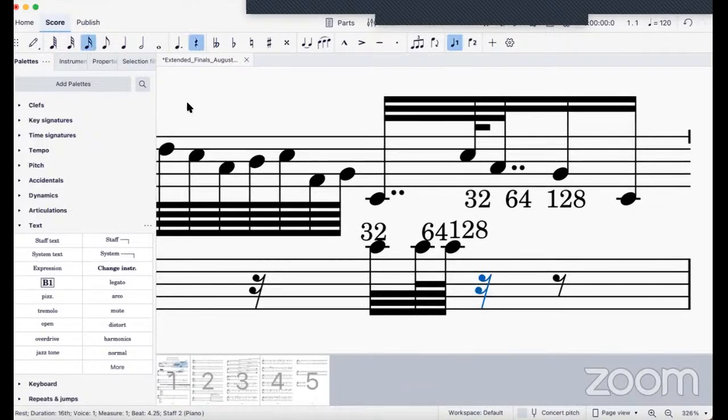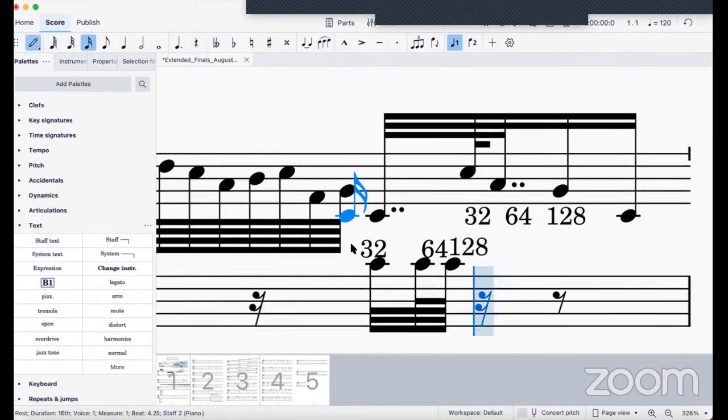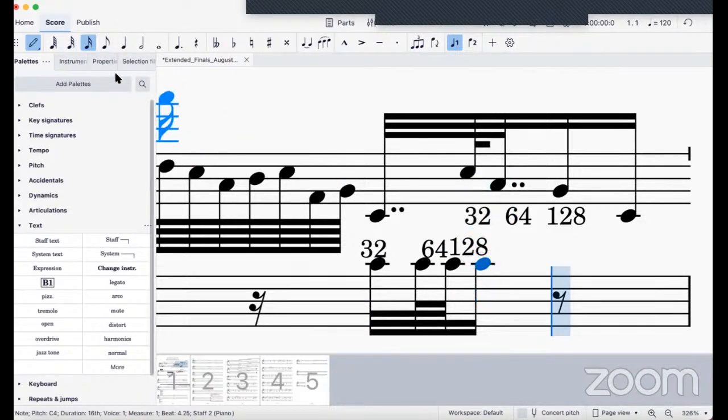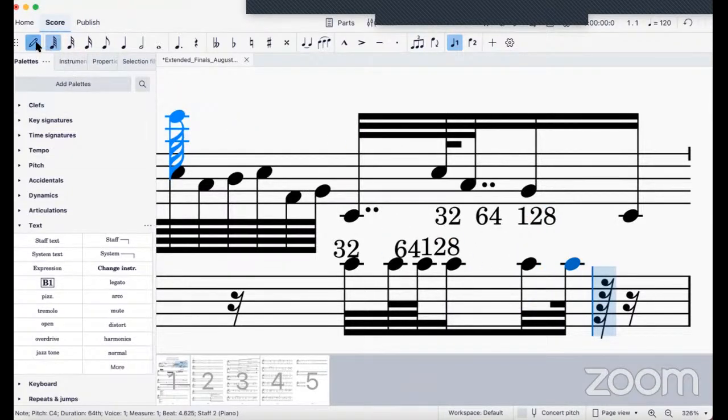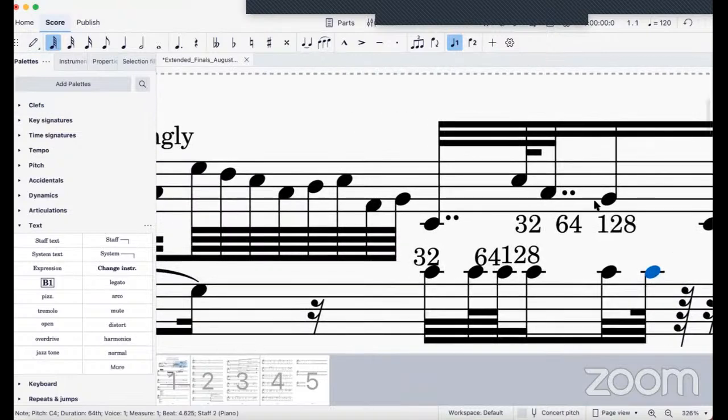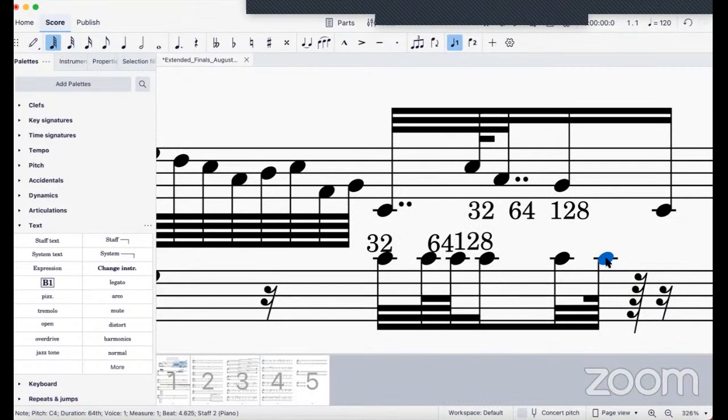Let's translate. 2 32nds give a 16th. 2 64ths give a 32nd. 2 128ths give a 64th. So these two give a 32nd. Sorry, a 16th. This is a 16th.